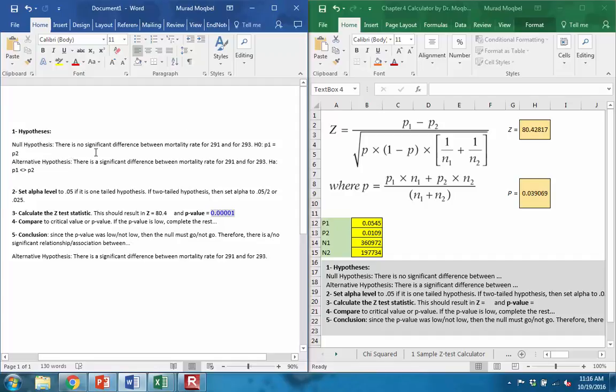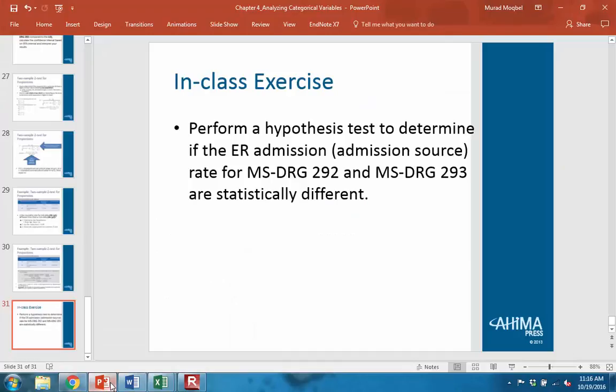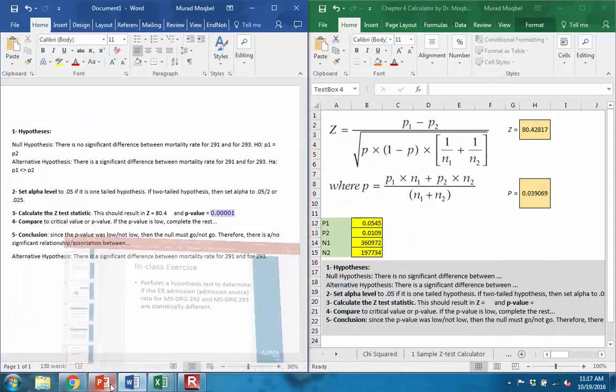So for this one, it is asking us to see if there is a significant difference between ER admission rate for DRG 292 and 293.